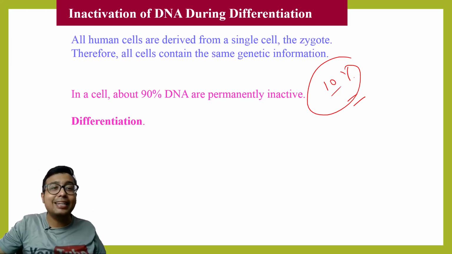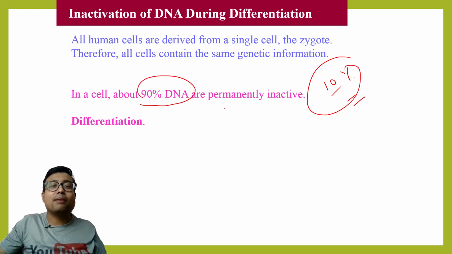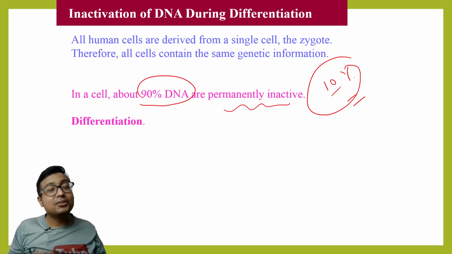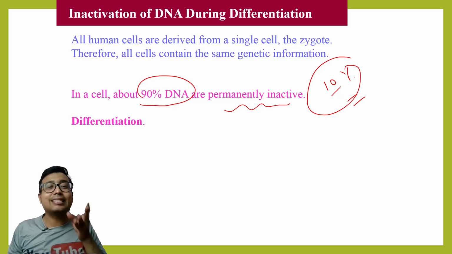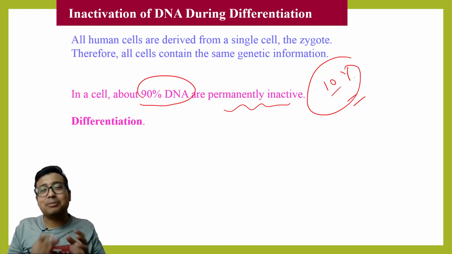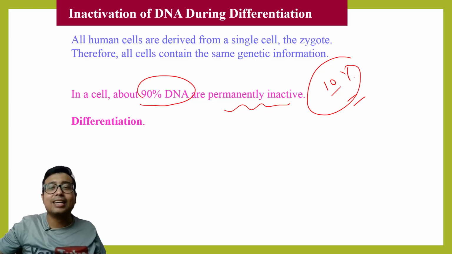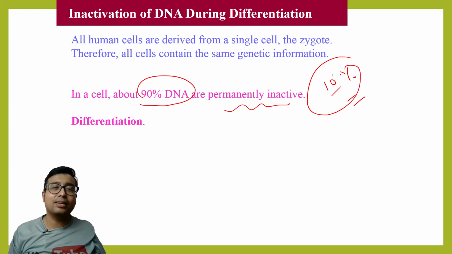About 90% of the DNA is permanently inactive. There are multiple science fiction movies that target this inactive part of DNA, what if it is activated, but we don't need to get into that. Just know this, the 10% is essential.